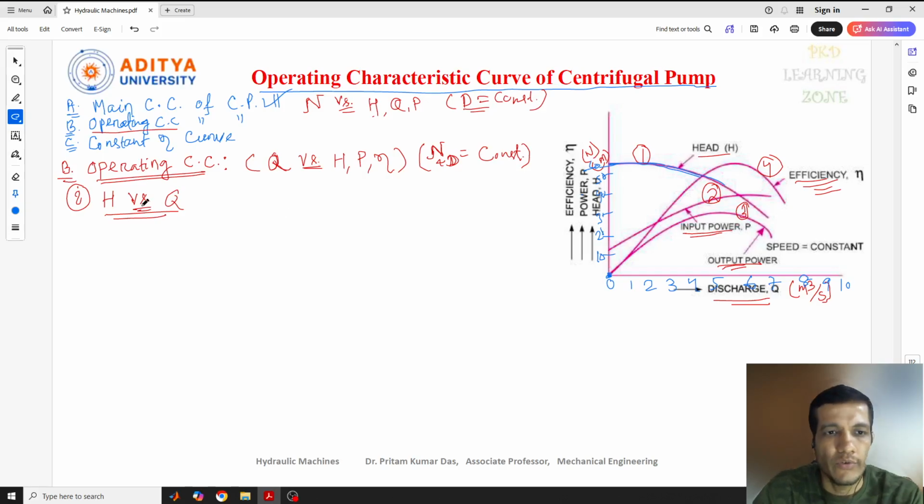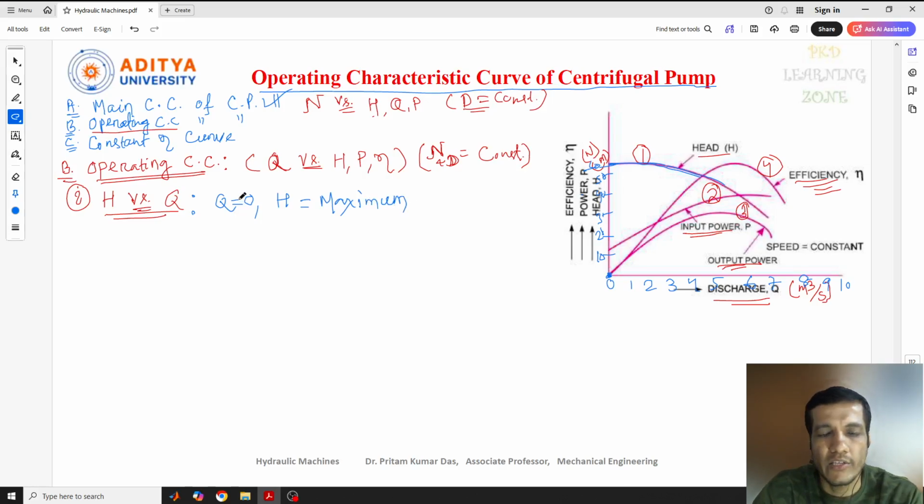In this plot, the head curve starts at a distance from the origin. At discharge 0, the head is maximum. Why?